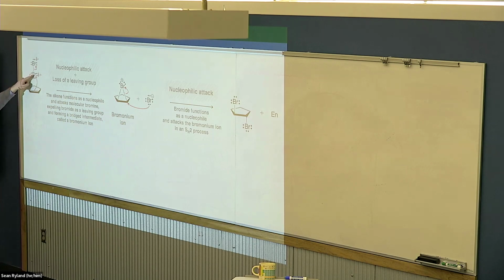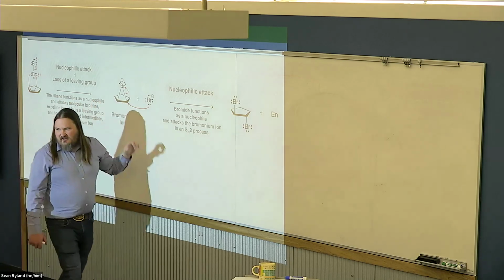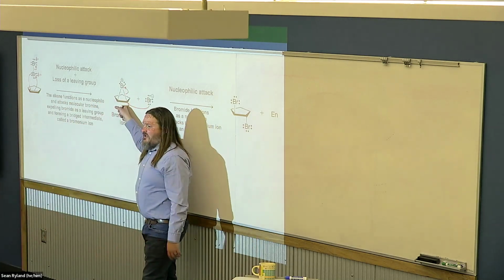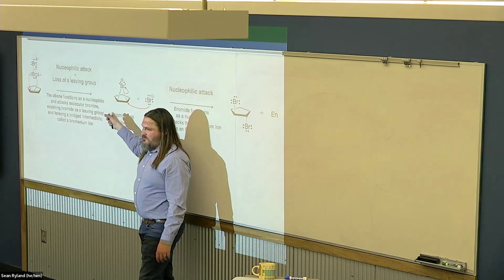So this bromine is going to act as a nucleophile as well as have a leaving group at the same time. And then we get a nucleophilic attack that, other than the three-sided ring aspect, looks a lot like any other SN2 we've seen, right?